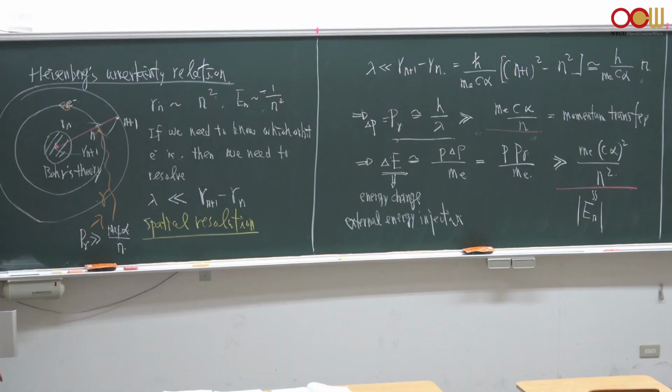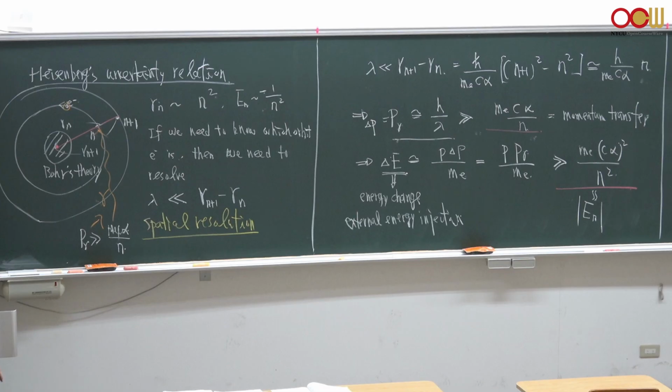For those of you who have not taken modern physics, please read and study chapter 1 carefully, because many of the notations that I use can be found in chapter 1. For example, this alpha is called the fine structure constant, which is 1 over 137, a constant you should know.